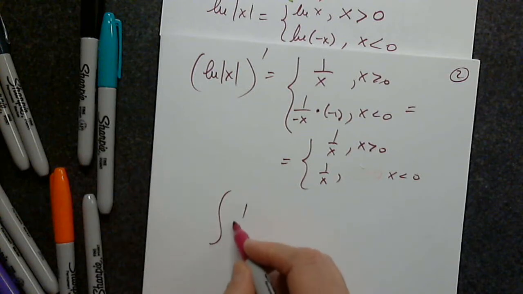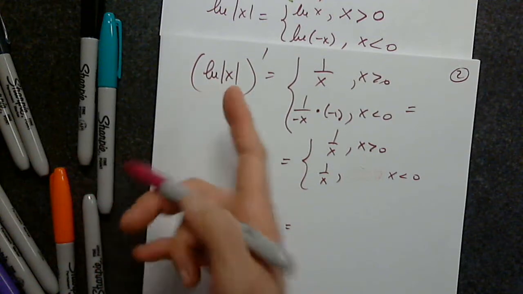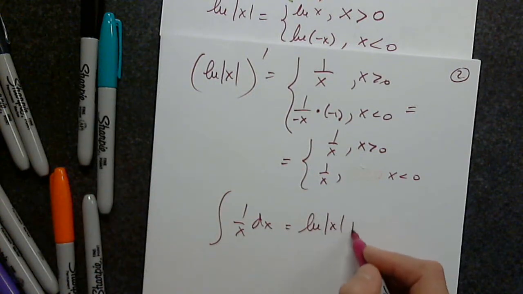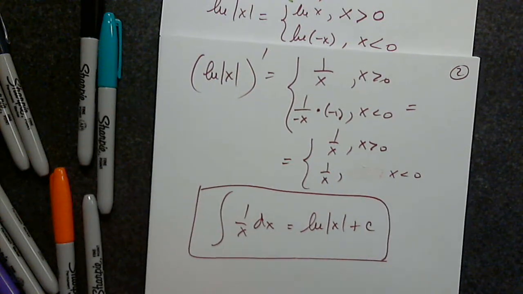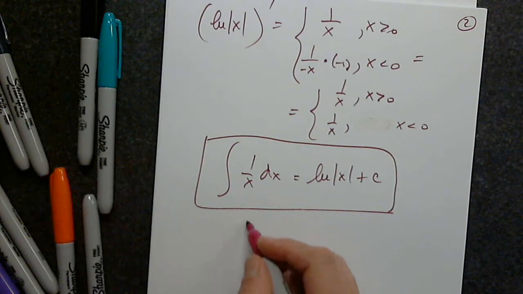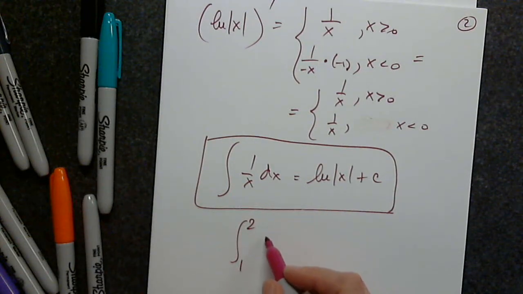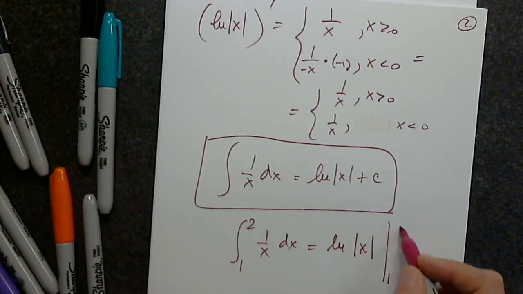So now I am going to ask the following question, going backwards. What is the integral of 1 over x dx? Right. We're going to talk about this type of integral, but for now, remember, whenever we're asked to determine, I can put the integral from 1 to 2 of 1 over x dx equals natural log of the absolute value of x from 1 to 2.